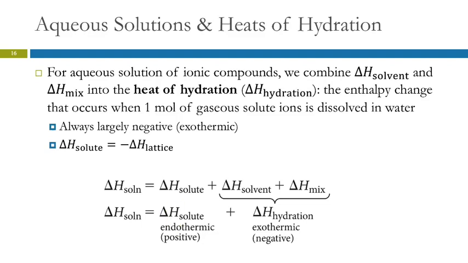That's always positive. And so our heat of solution is going to depend on the relative sizes of these two things. This number here, heat of the solute separating, that is the same value as the lattice energy, just opposite in sign. So this is the lattice energy, but opposite in sign.